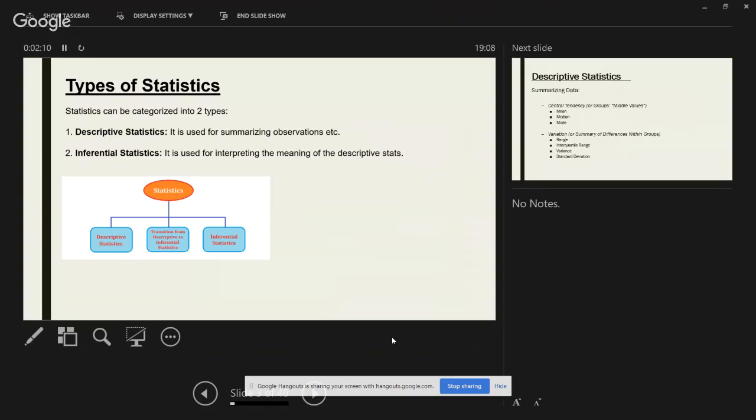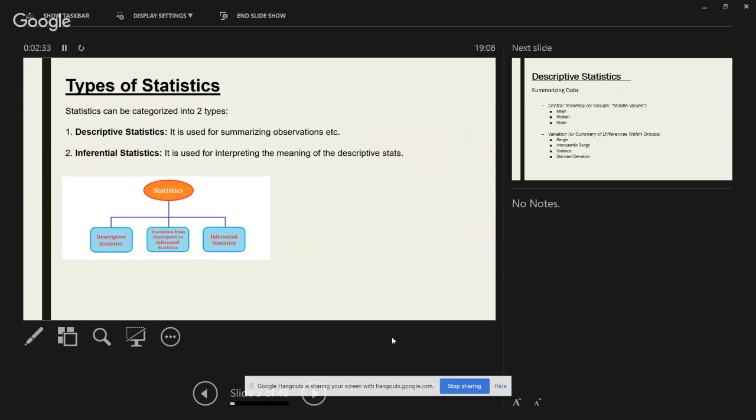Descriptive statistics is mainly used for summarizing observations. Like we use mean, mode, median in that, and these are the methods of collecting the data so that we can visualize that data to the people. That is what descriptive statistics is all about.